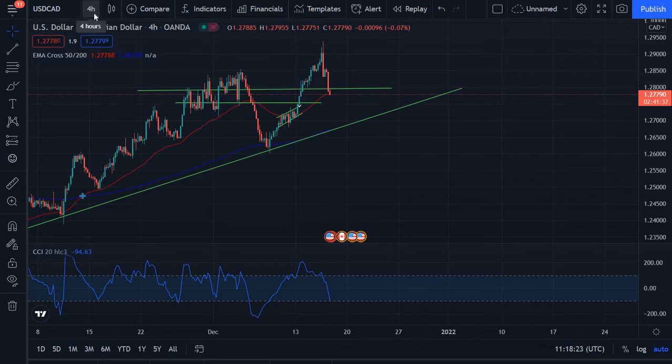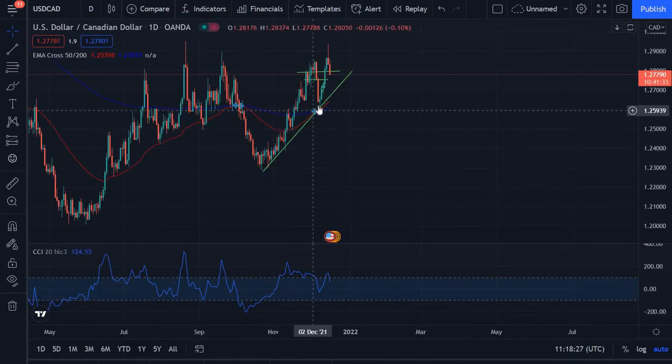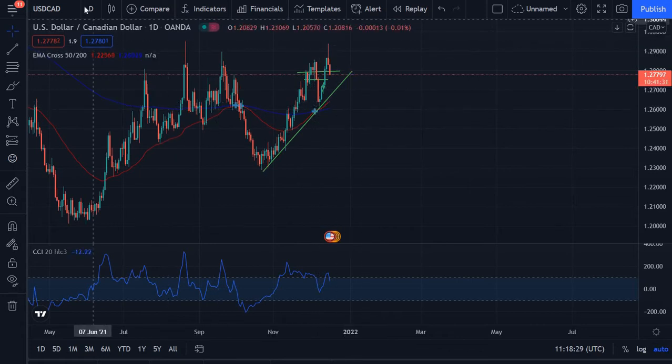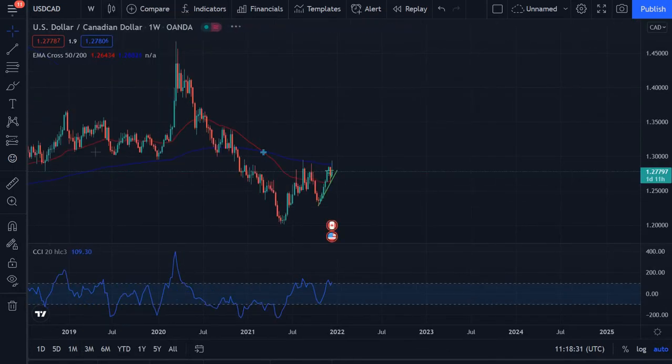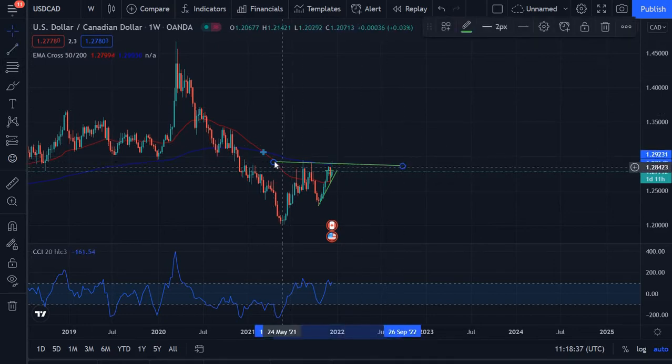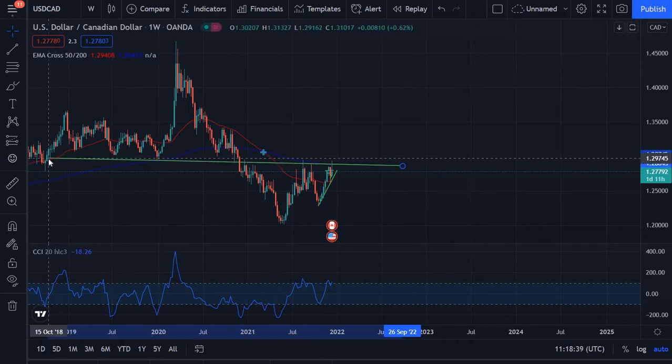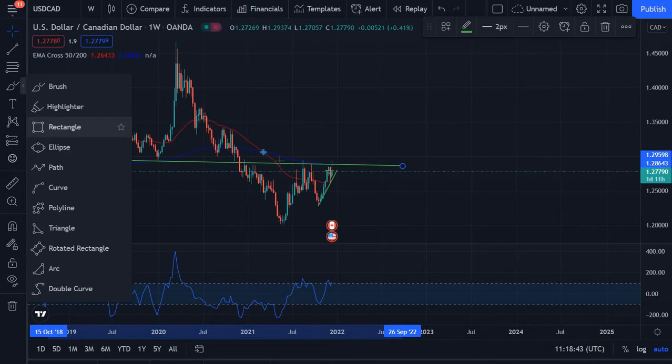So as expected, we saw this move to the upside here after retesting the trend line, and now checking the weekly real quick. Here we are at the 200 EMA and this previous support and resistance line somewhere around here.